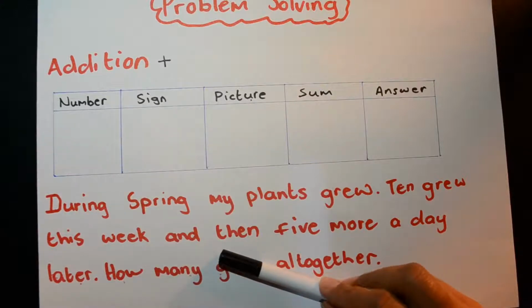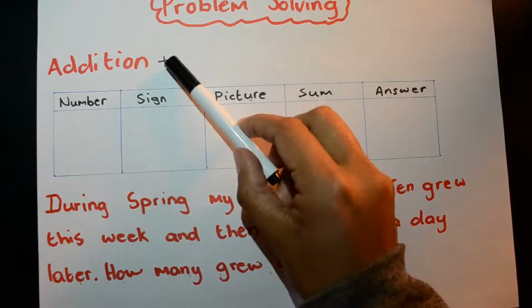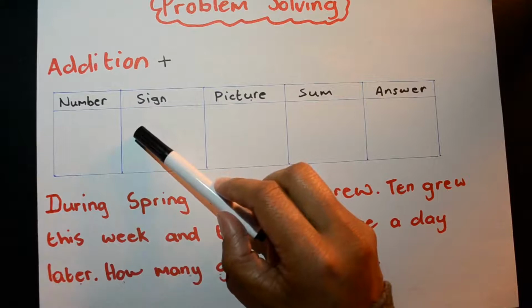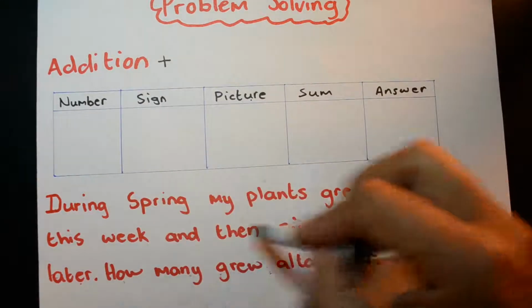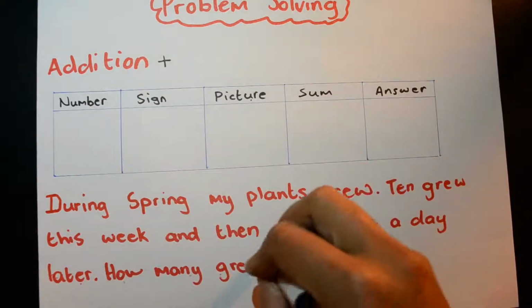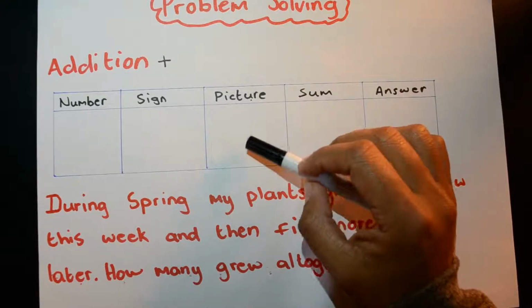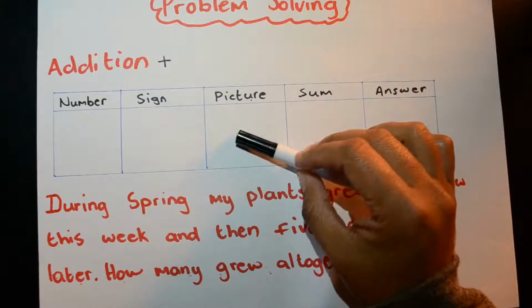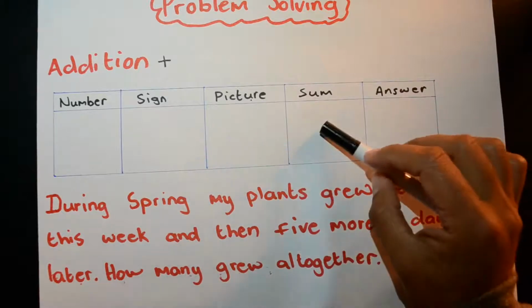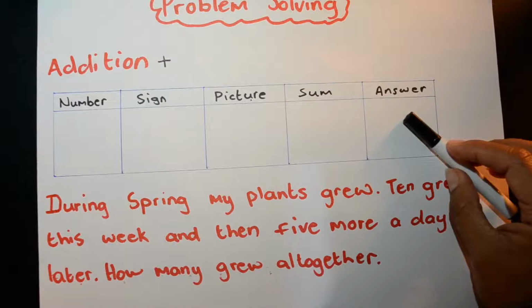Remember, sign is to show us is it plusing or minus. Numbers is just to see what numbers are in the word problem. Pictures help you draw out the pictures to see how to get to the answer. Then you do your sum, and finally you can get to your answer.